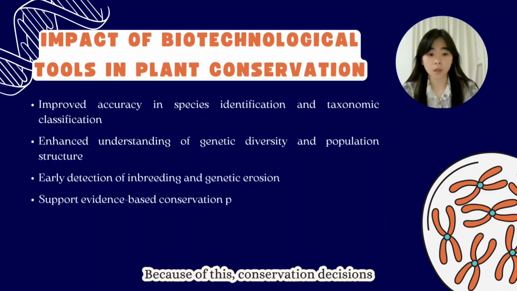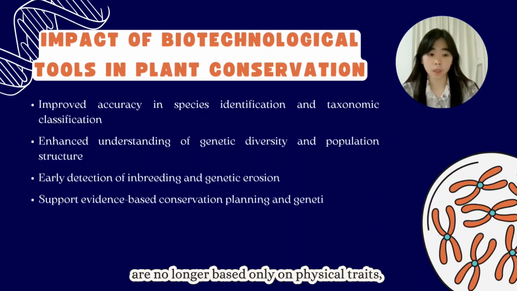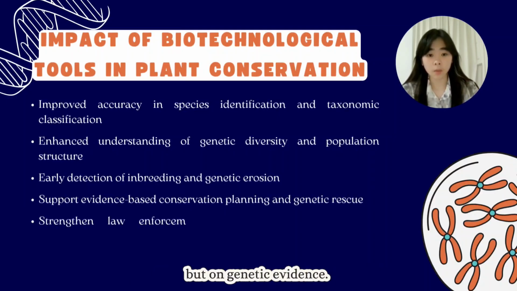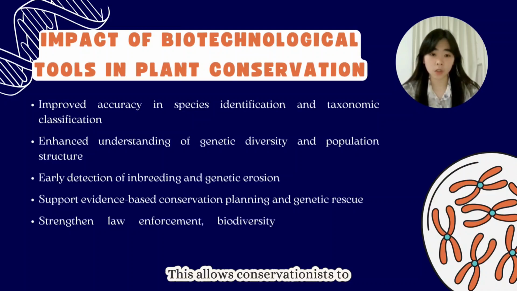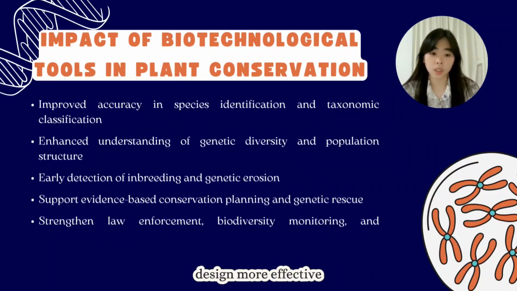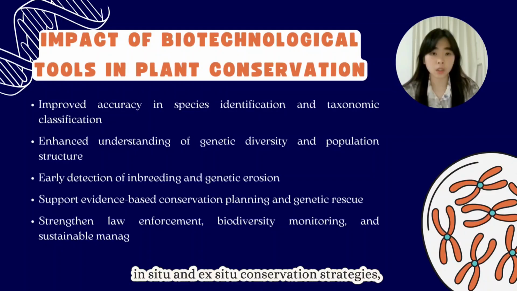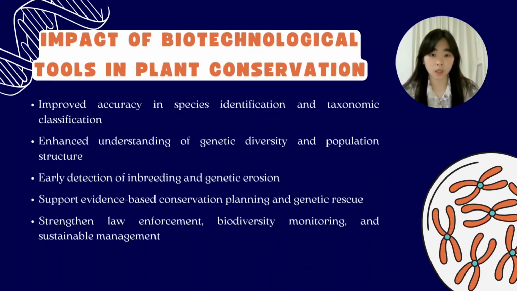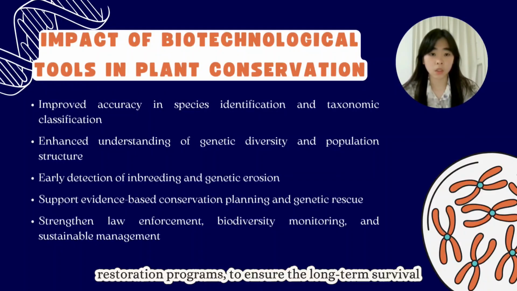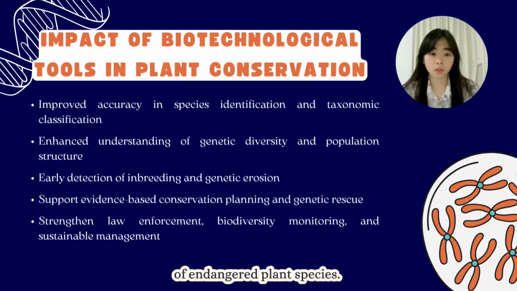Because of this, conservation decisions are no longer based only on physical traits, but on genetic evidence. This allows conservationists to design more effective in situ and ex situ conservation strategies, including breeding and restoration programs to ensure the long-term survival of endangered plant species.